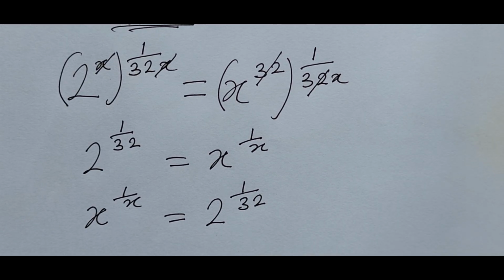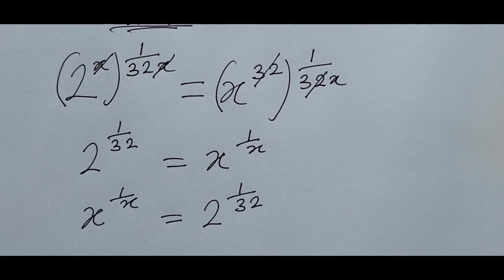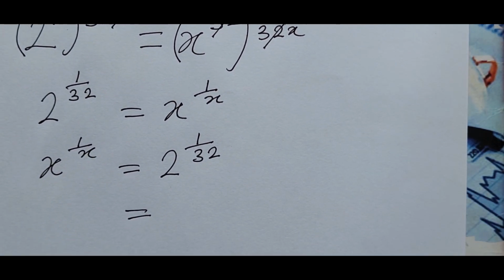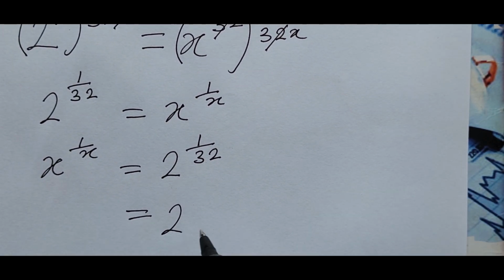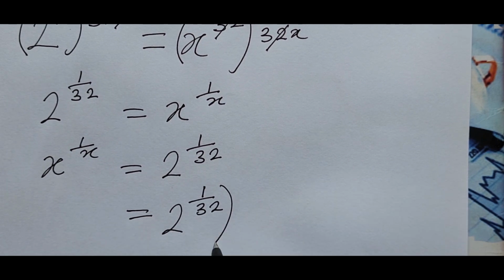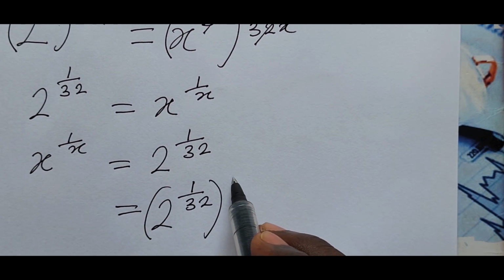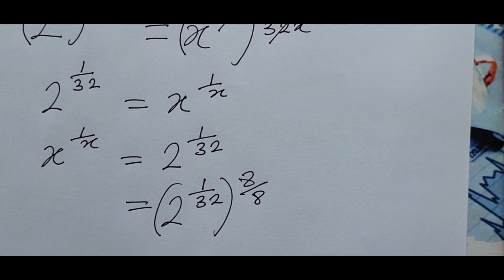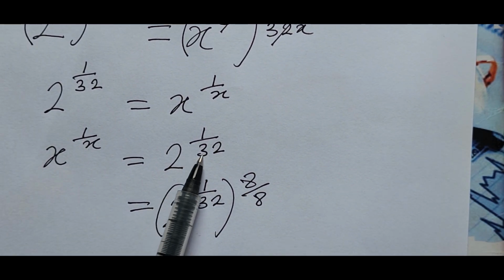And that we discover is 8 all over 8. Okay, so taking the right hand side of the equation, we're going to have here 2 to the power of 1 all over 32, all raised to the power of 8 all over 8. Mind you, 8 all over 8 is the same thing as 1, which will in turn give us this, right?